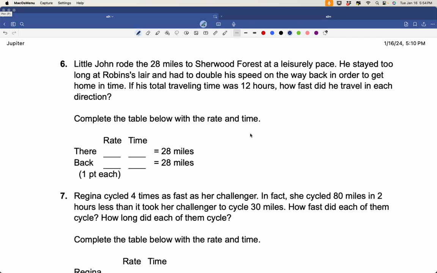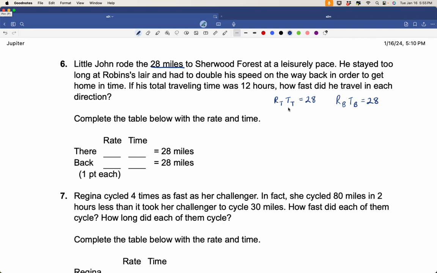So we can assume the 28 miles here is the same distance both ways. So Little John's time there and back, the distance is the same there and back. So the rate there times the time there is equal to 28 miles. That's the distance. And the rate back times the time back is equal to the same distance.